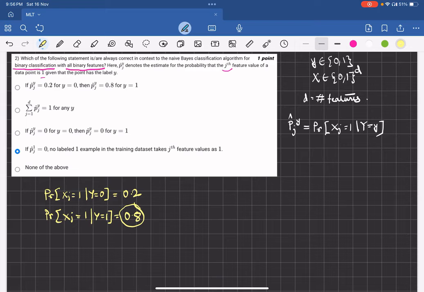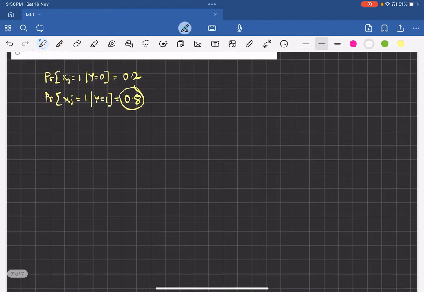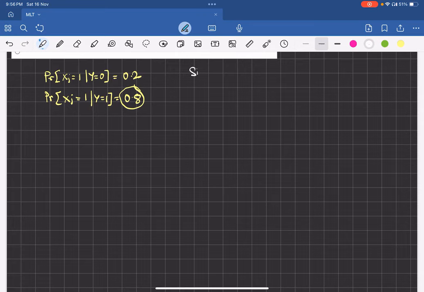Let us try to understand this with the help of an example. Let's consider a very simple example, where we take only one feature. Let's take one feature, xj or x1. x1 is the only feature, and we have y.